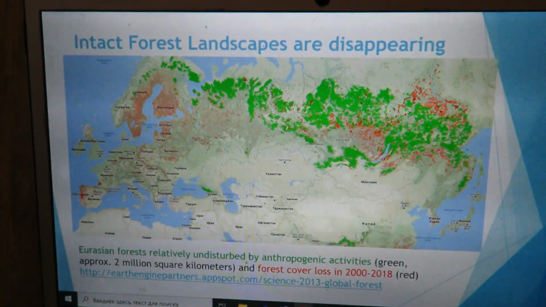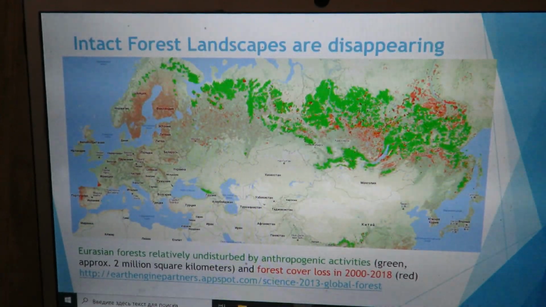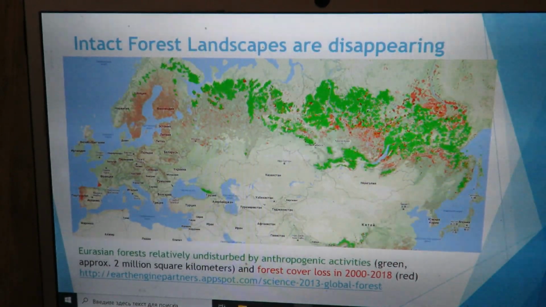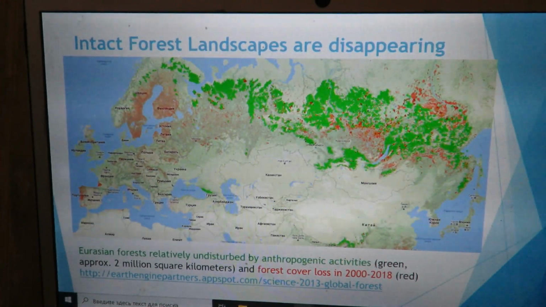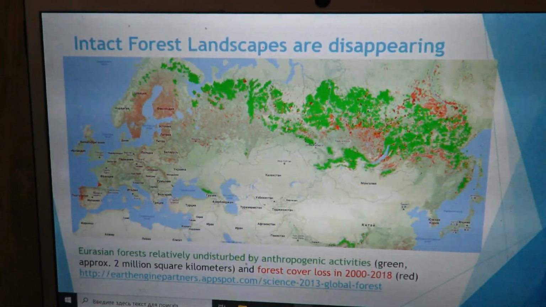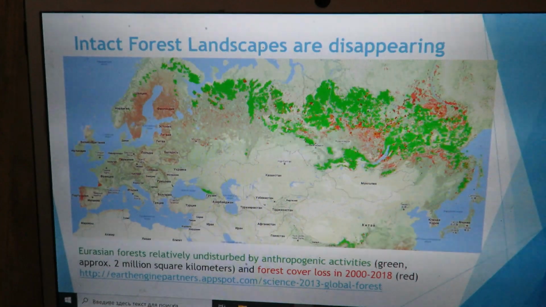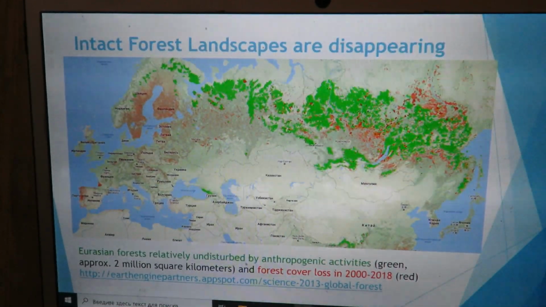So when talking about the large-scale factors that determine the water regime on a given territory, in a given region, we need to take into account the existing natural ecosystems, natural forests that are still extensive and can determine many processes that spread far beyond the territories occupied by the forests themselves.